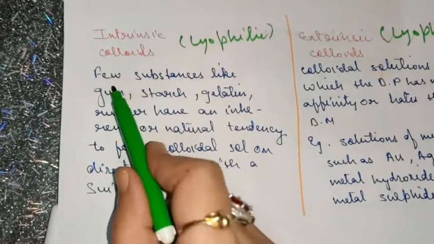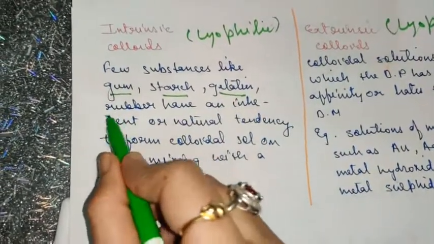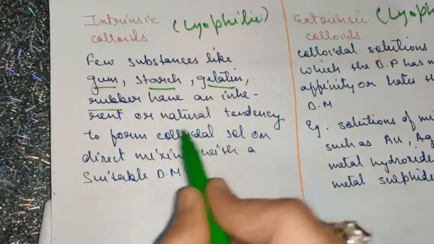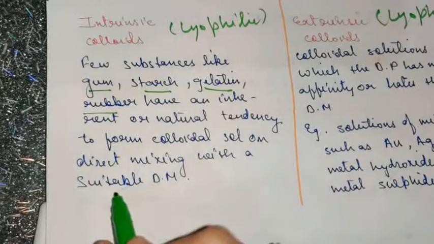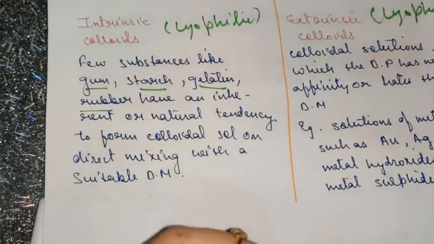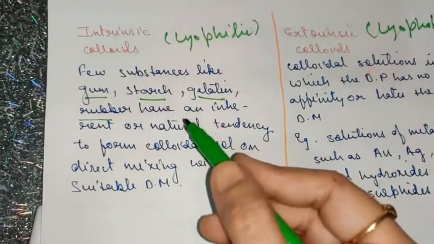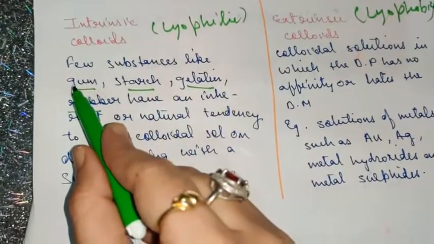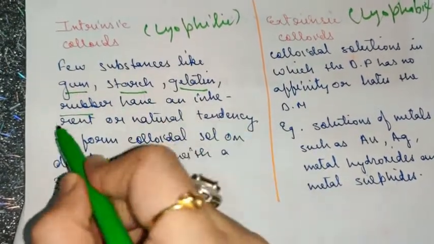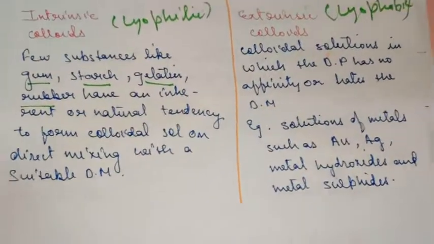Here it is mentioned, few substances like gum, starch, gelatin, rubber, they have an inherent or natural tendency to form colloidal solution on direct mixing with suitable dispersion medium, which I discussed with you in the last point. So they can directly form the colloidal solution. So these are what? These are the examples of lyophilic salts. Please remember this: gum, starch, gelatin, rubber, etc. These are the examples of intrinsic colloids or lyophilic colloids.